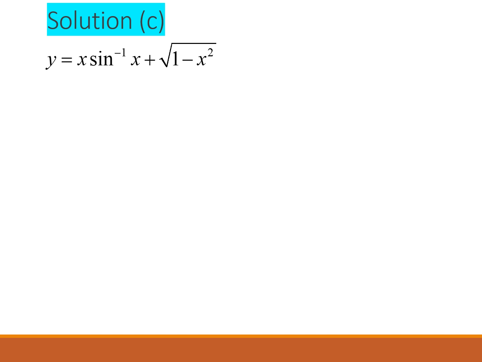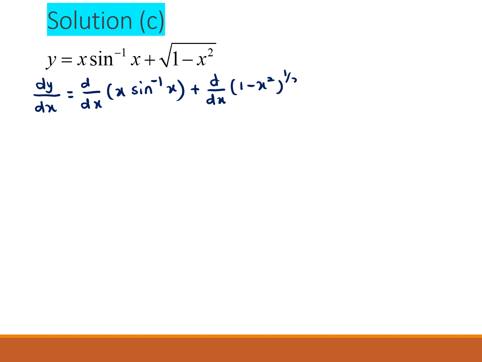So our derivative will be dy over dx equals the derivative of x sine inverse of x, plus the derivative of 1 minus x squared to the power of half. Okay, first we will solve the first term and then the second term. Then we combine these two.